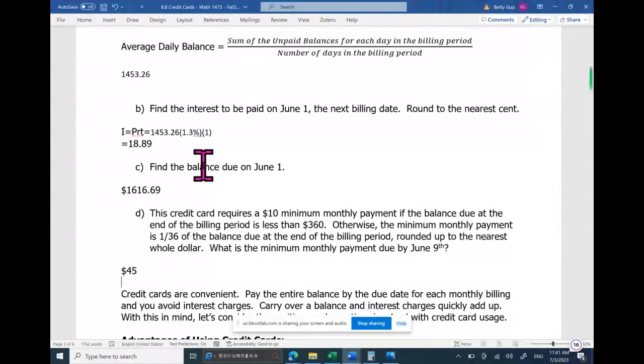Section 8.8. Yeah, that's correct. Yeah, $45.